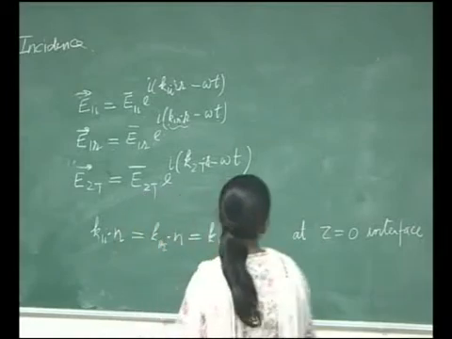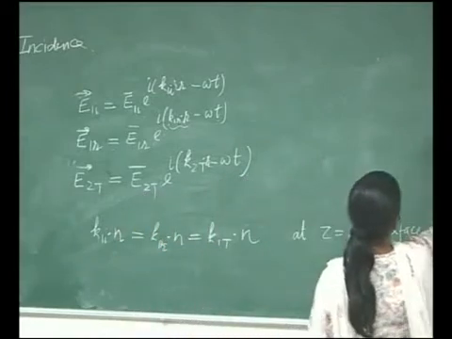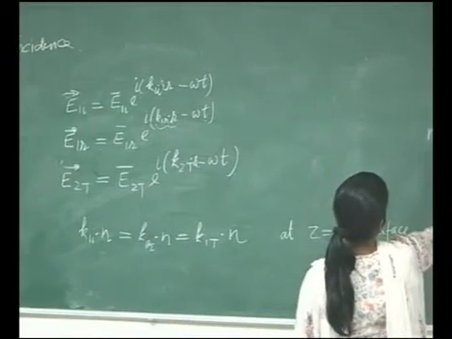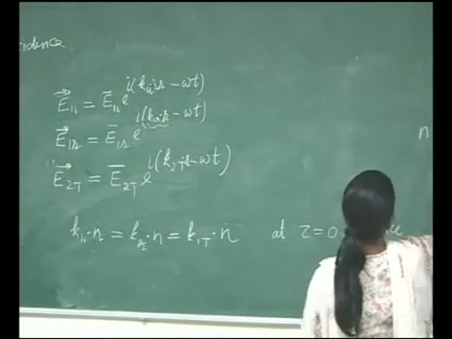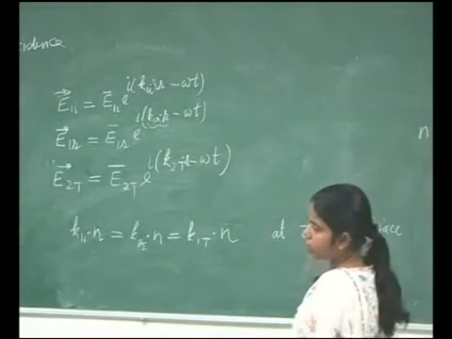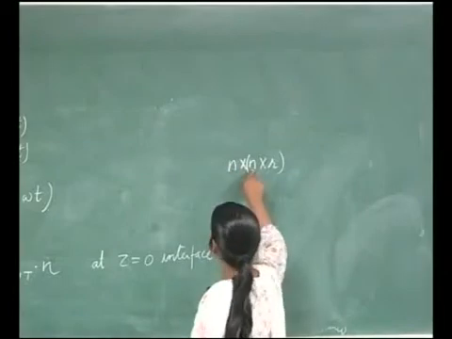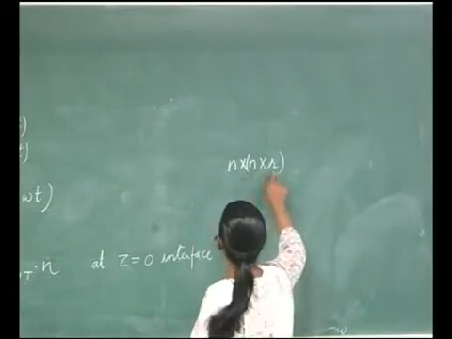Now if I take a look at the vector n cross r, where n is the normal component and r is the position vector.